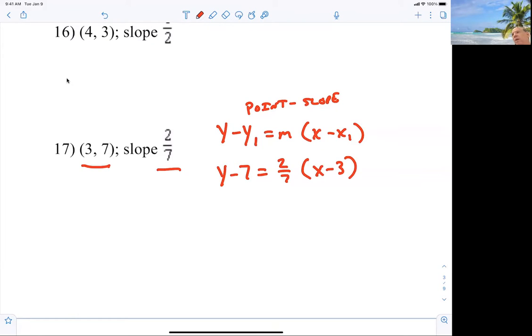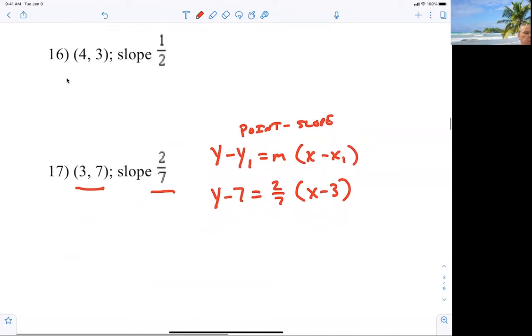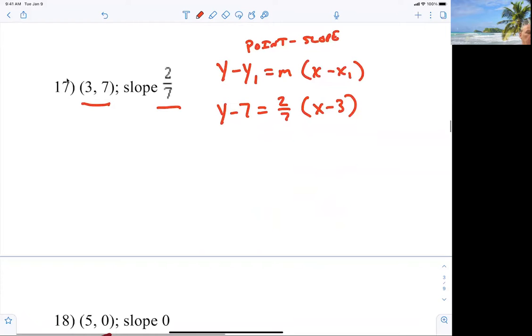Now, I didn't say that was a final answer. I just said that's written in point slope form. They still want it in what? Slope intercept. So I distribute the 2/7 and then add 7. So let's see if we can do that without a calculator. Y equals 2/7 x, right?